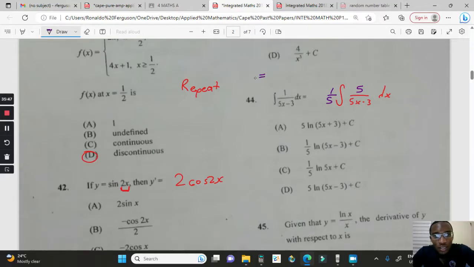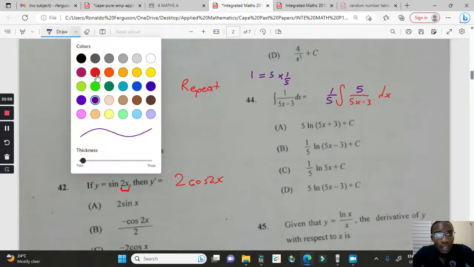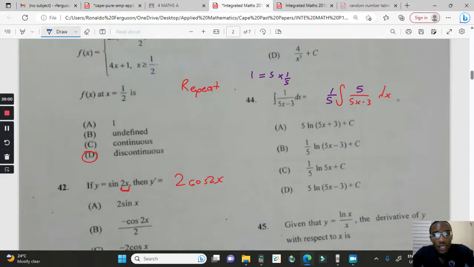That 1 in the numerator is 5 times 1 over 5. So I rewrite 1 as 5 times 1 over 5. That way, I get the derivative of the denominator in the numerator. So now we can use ln. The ln rule now: it is 1 over 5 ln of 5x minus 3 plus our constant. So 1 over 5 ln 5x minus 3.